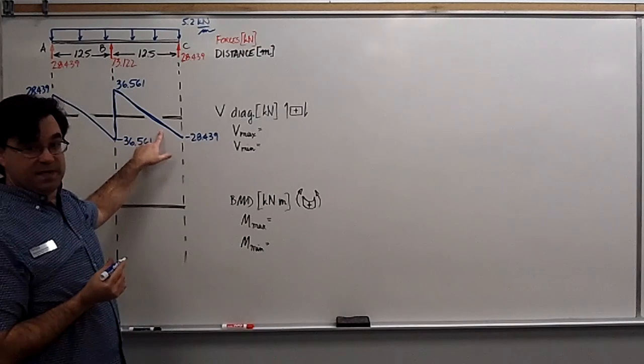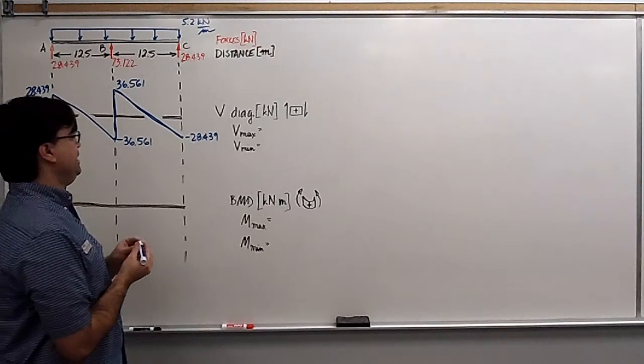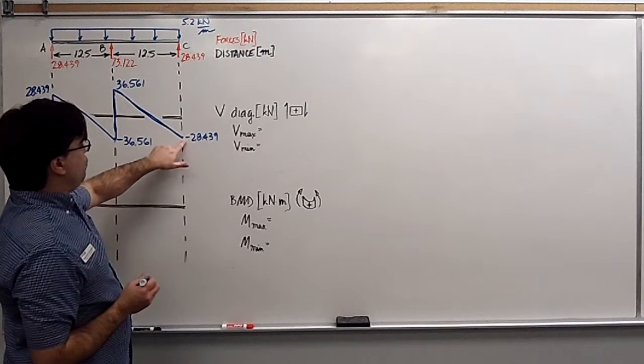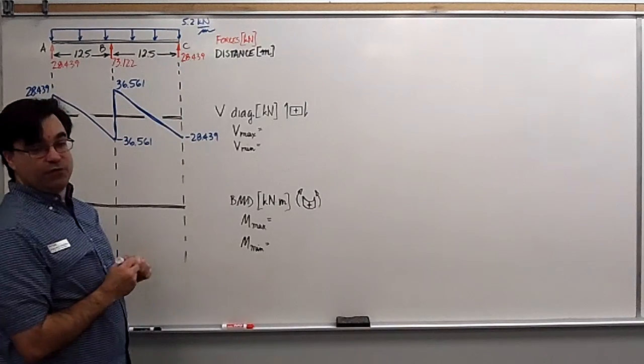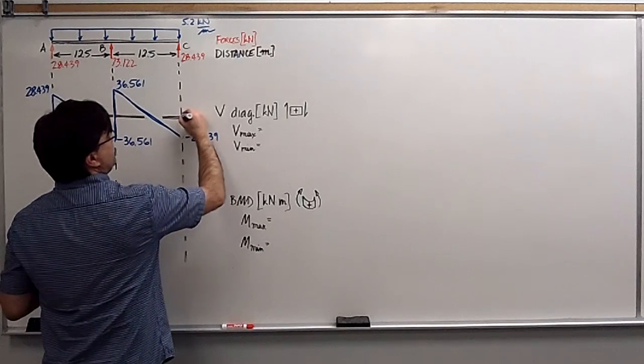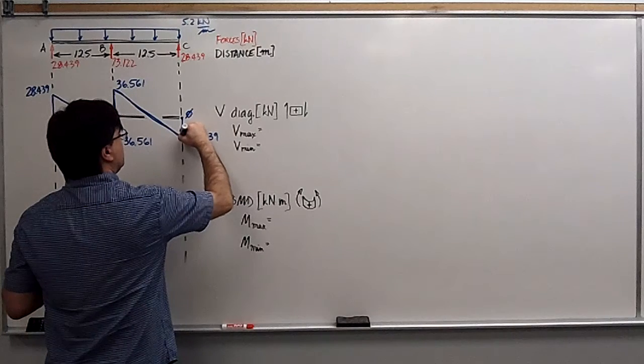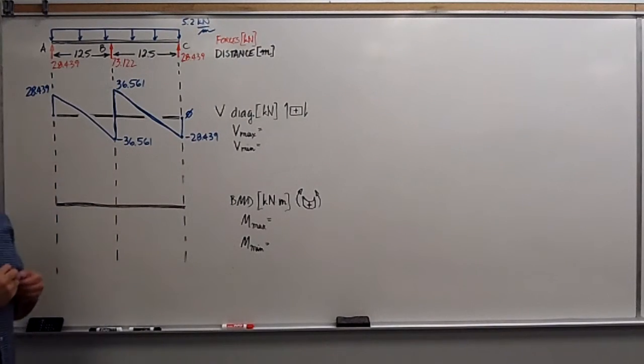And again, this is meant to be a straight line. You're expected to draw it with a straight edge, no freehanding. And then right here, we go up to 28.439, and we end up at 0. Which is good, because our shear diagram must always close.